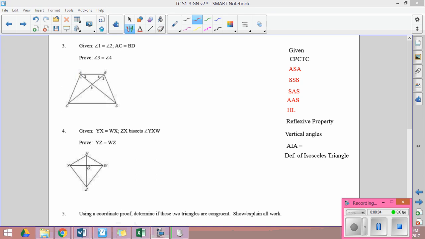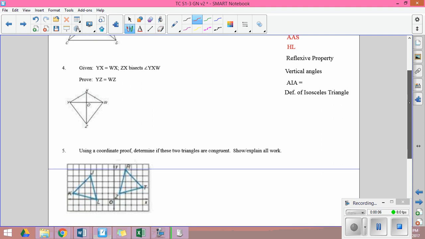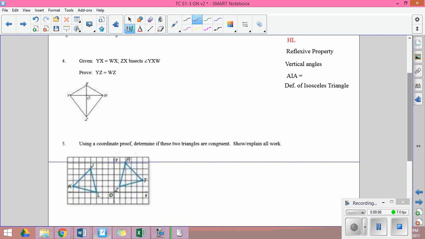When we look at proof number 4, I hope all of you can begin to see that we could have multiple triangle situations here. We could be talking about these two little top triangles. We could be talking about the bottom two triangles.